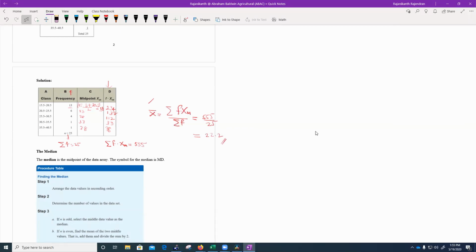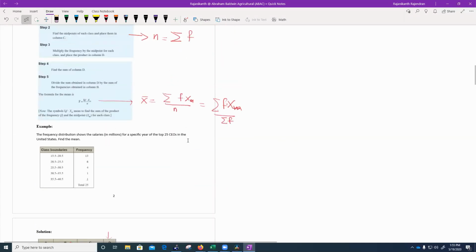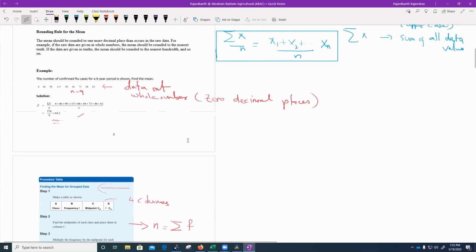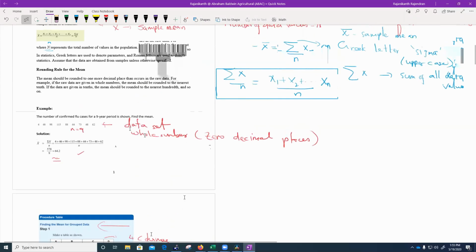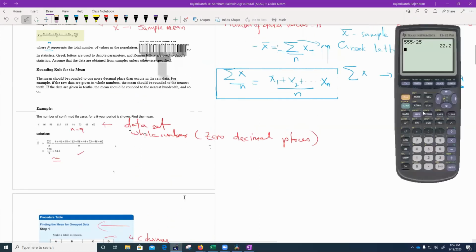Therefore the sample mean for this grouped frequency is 22.2. Now I'm going to show you how to use the calculator to find these values. Let me go back to this example. You are given raw data, so enter all the data values into the L1 column. I'm going to stats, edit, and let me clear this.